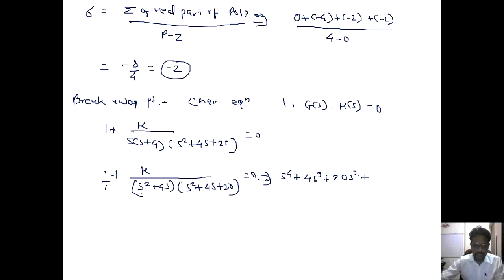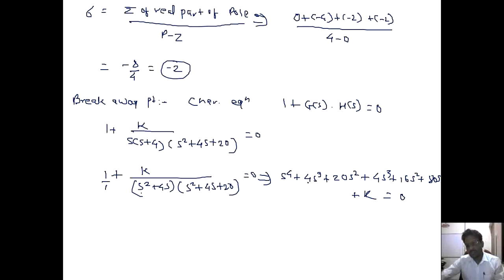So 4s into s square, that is 4s cube, plus 4s into 4s, that is 16s square, plus 4s into 20, that is 80s. So this is the multiplication of these two brackets into 1. Same step, plus k, divided by the same bracket. If we multiply with 0, we'll get equal to 0.